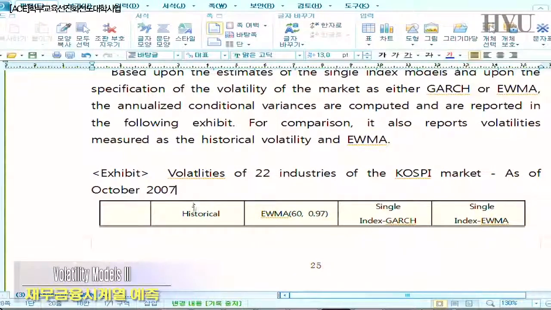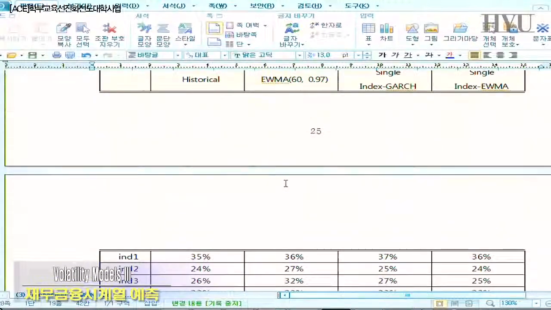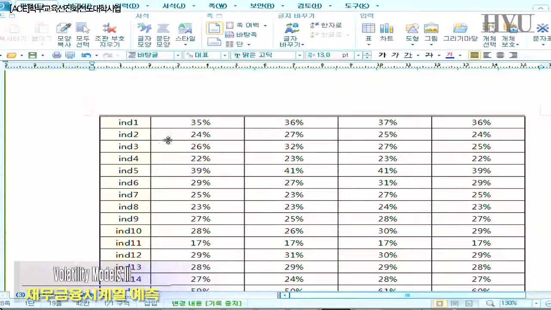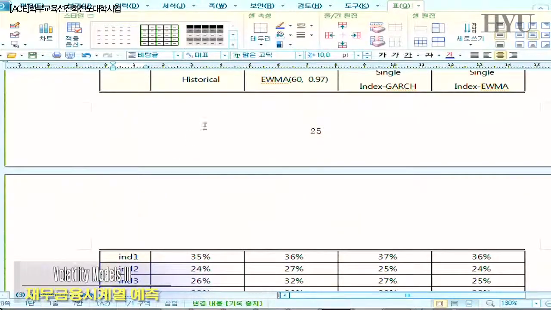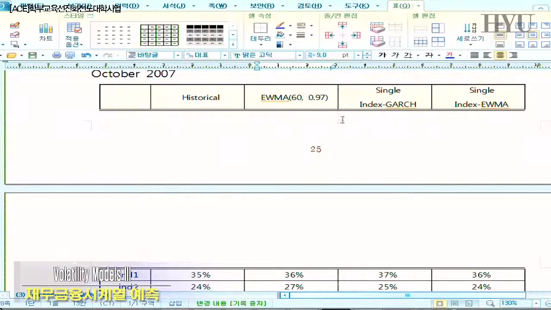And so as of October 2007, volatilities of 22 industries, so this is annualized, food and beverage and those industries. See, historical volatility, EWMA with a moving window of 60 months, lambda set equal to 0.97, and single index plus GARCH specification instead of GARCH EWMA, right?